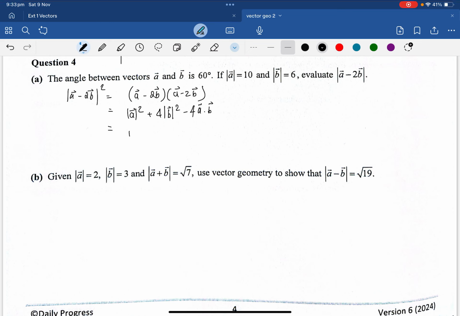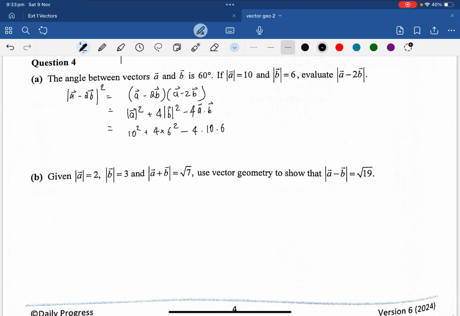We know a and b, so this is just a matter of subbing in. 10 squared plus 4 into the magnitude of b, 6 squared, minus 4 times a, 10, times b, 6.